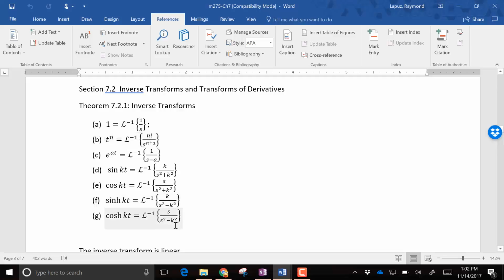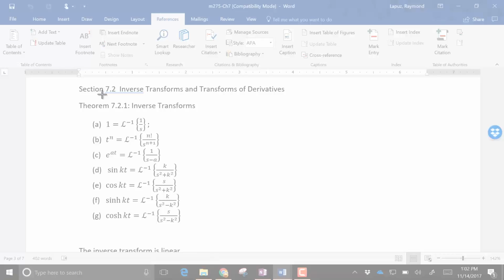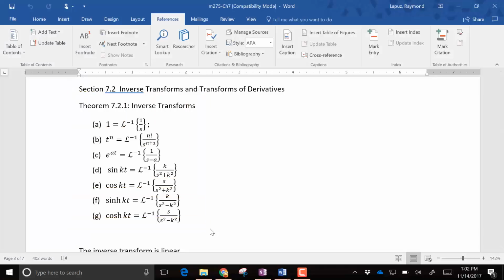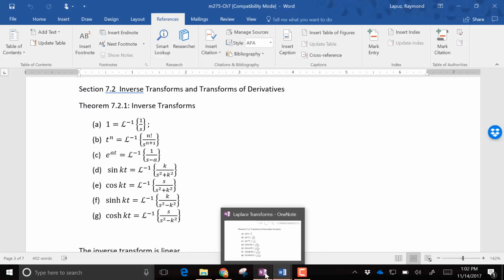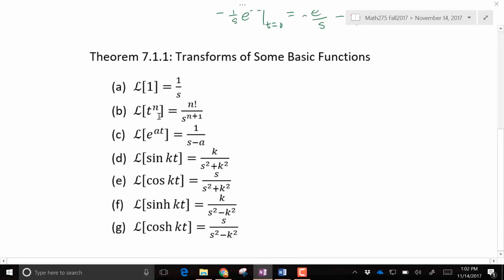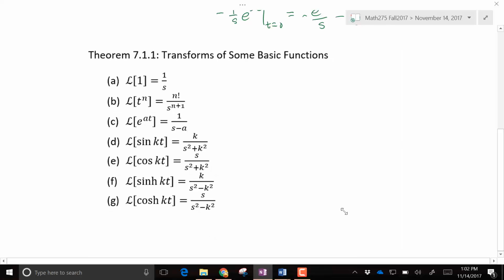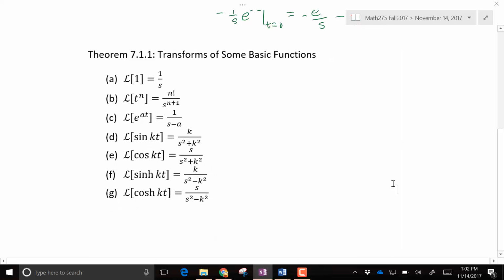Essentially, this set of equations, or this table, is pretty much this table going backwards. It's kind of like your derivative and integral list.